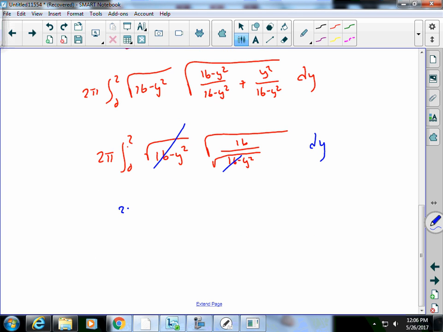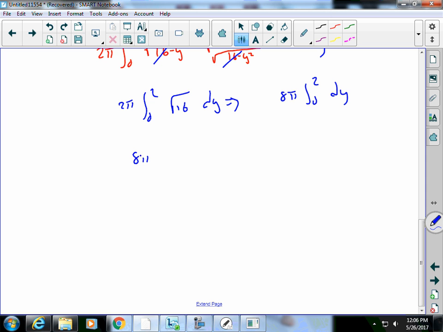So I end up with 2 pi from 0 to 2, square root of 16 dy. Square root of 16 is 4, and I'm going to bring that out front. 8 pi, 0 to 2 dy. So now I'm going to integrate 8 pi. The integral of dy is just y from 0 to 2. So I have 8 pi times 2 minus 0, or 16 pi.